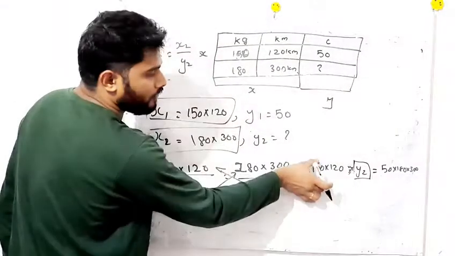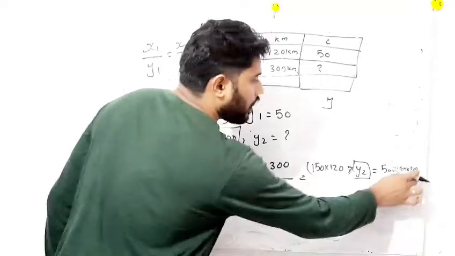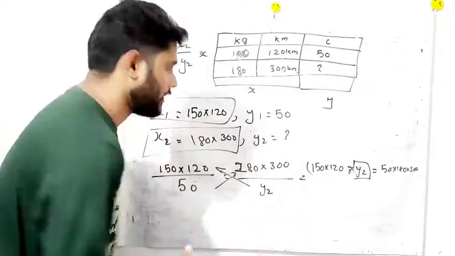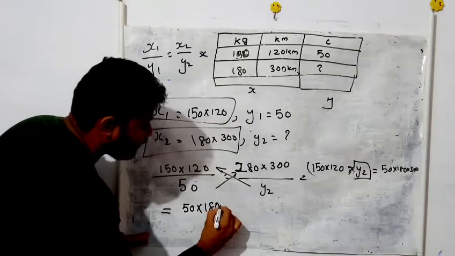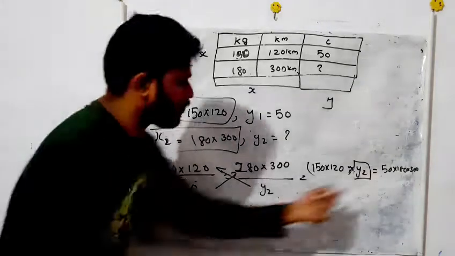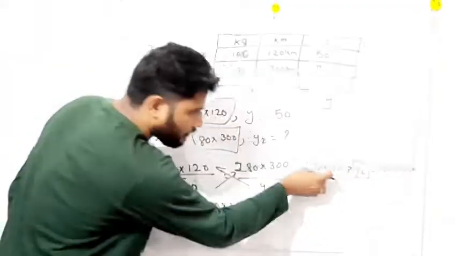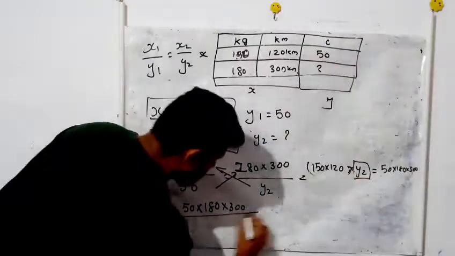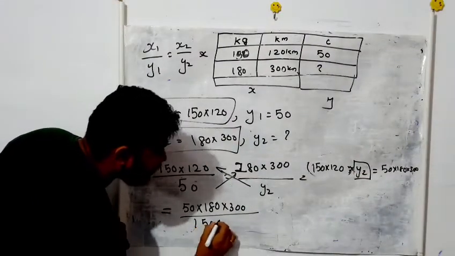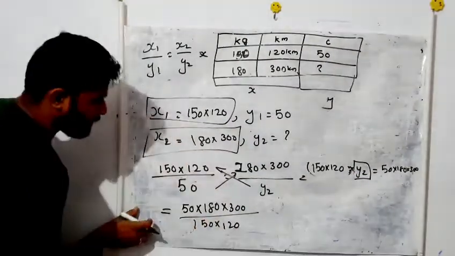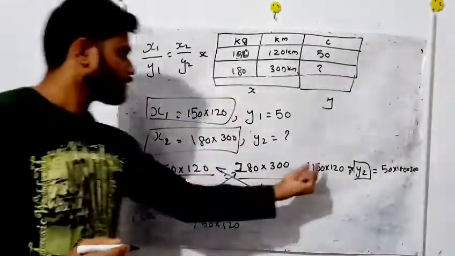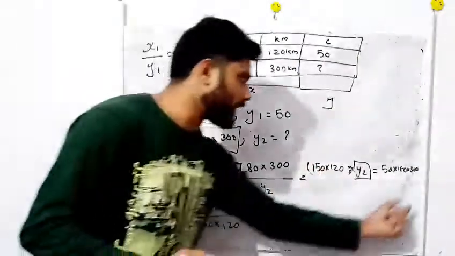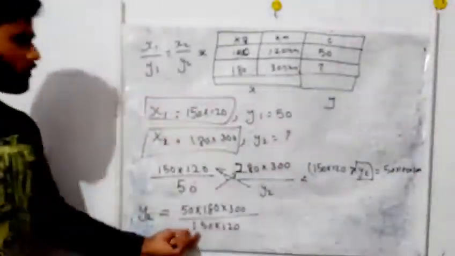From the left hand side, 150 into 120 goes to the right hand side, then it becomes divide. So y2 is 50 into 180 into 300 divided by 150 into 120. That's why I wrote here like this.